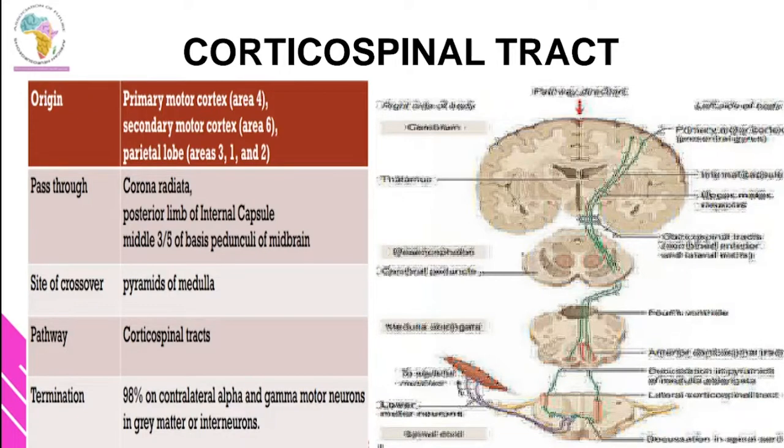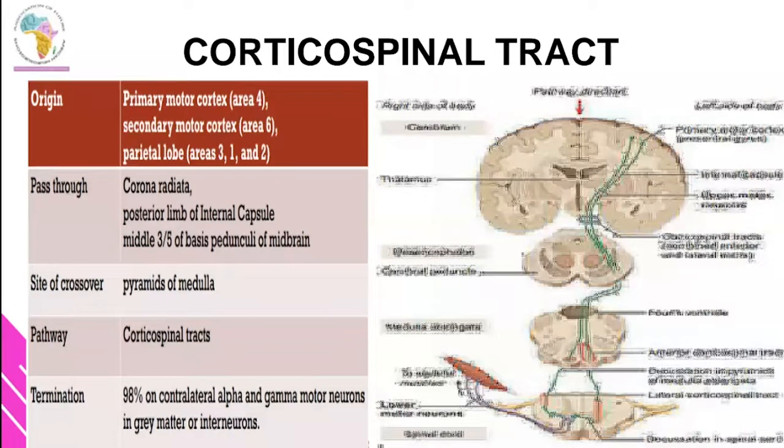lesion, for example in a case of a stroke, these are the patients that might even suffer from hemiplegia, which is paralysis. If an infarction occurs in the cortex of the brain, these patients might present with hemiplegia.